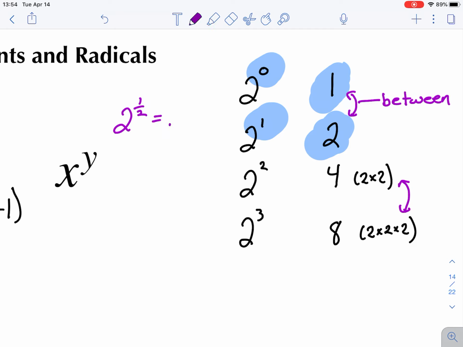And we actually get it by changing it into a square root. These two numbers are the same thing. 2 to the power 1/2 is equal to the square root of 2, which is approximately equal to 1.41.